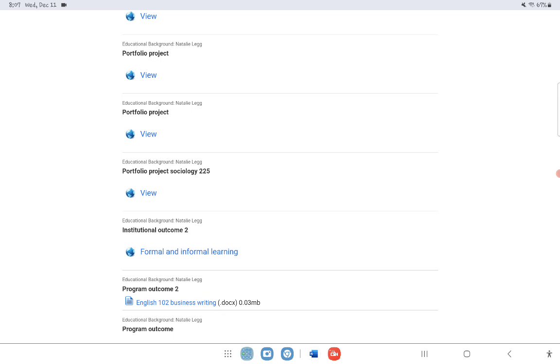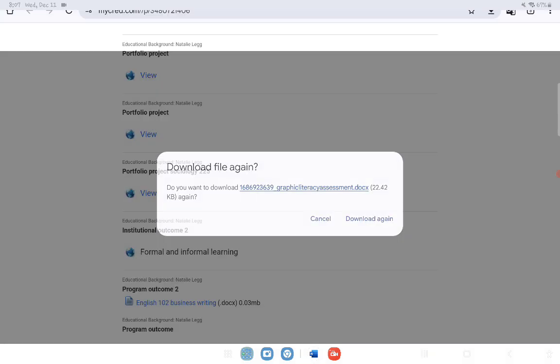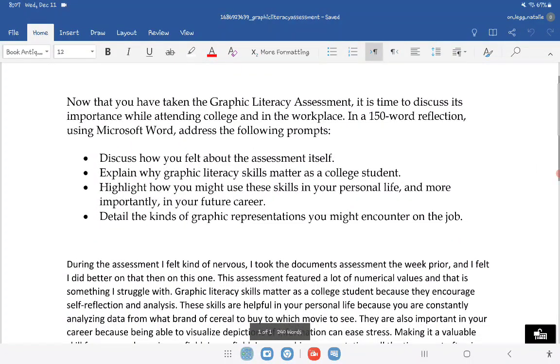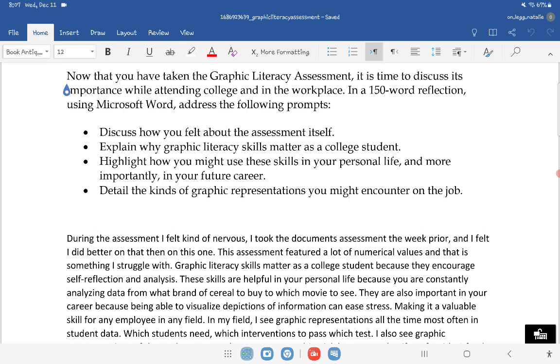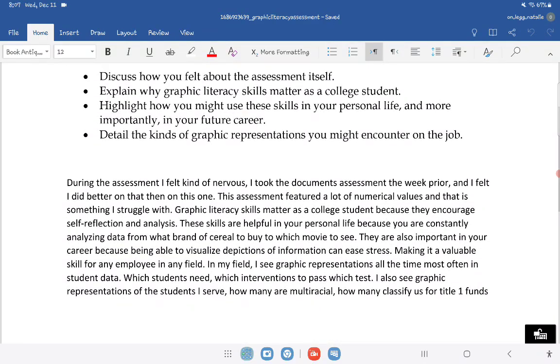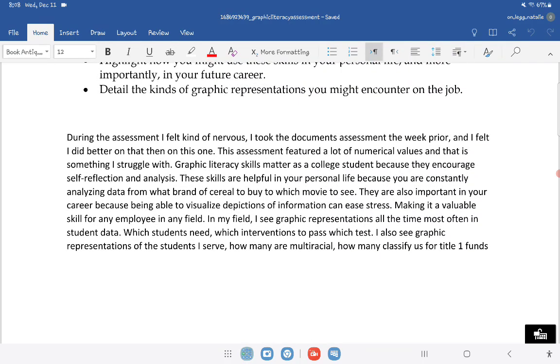Our next portfolio project is from INFT 104, and it's formal and informal learning. We had taken a graphic literacy assessment, and we had written a reflection about how we think we did. This literacy assessment meets the institutional outcome of transferring knowledge, skills, and behavior acquired through formal and informal learning and life experience to new situations. When I had finished this assessment, I felt incredibly nervous.